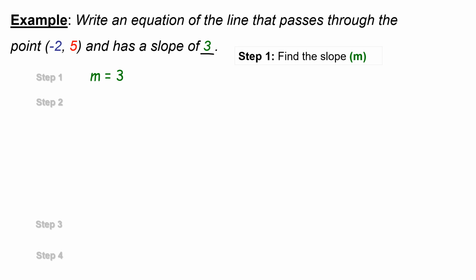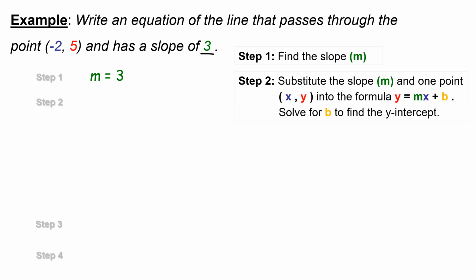All right, next. We're going to substitute the slope m and one point, x y, and we only have one point to choose from, into the formula for y equals mx plus b. Then we're going to solve for b to find the y-intercept. So I'm going to label, here's the formula first, and I'm going to label the x and the y, so you can see that up here.